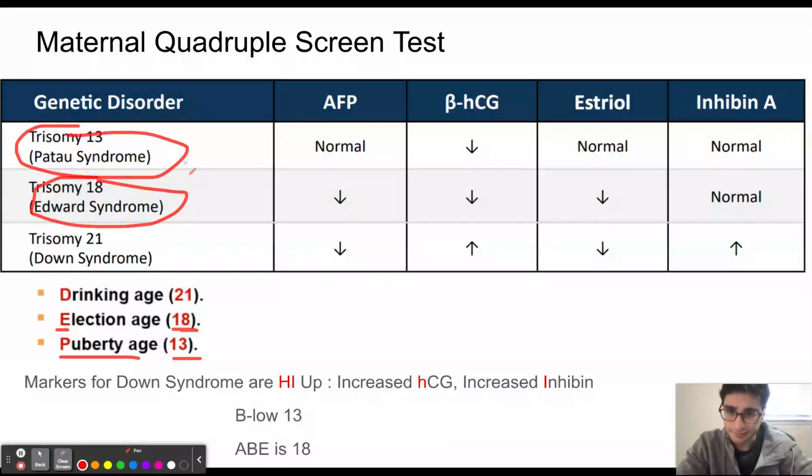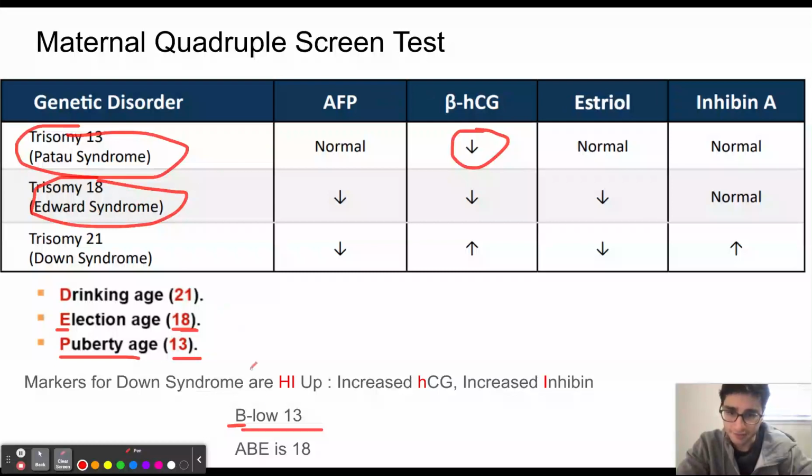Now, the levels you can remember with the mnemonics. Below 13. So with trisomy 13, the only thing that is going to be decreased is going to be beta HCG. So B for beta HCG. So we don't want to be below 13. Other hormone levels are going to be normal.